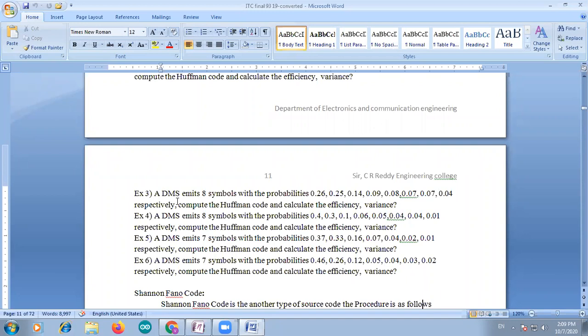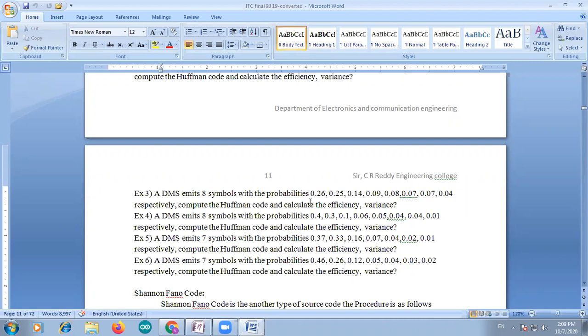A discrete memoryless source emits 8 symbols with the probabilities 0.26, 0.25, 0.14, 0.09, 0.08, 0.07, 0.07, 0.04.